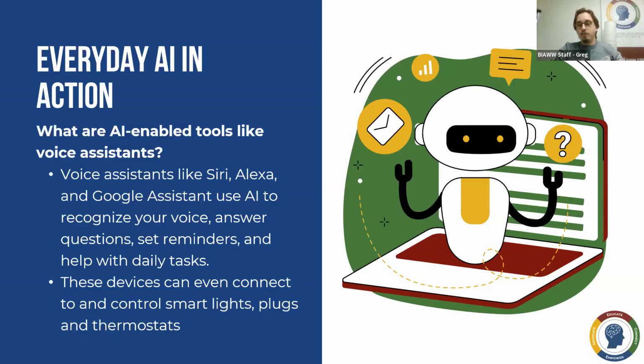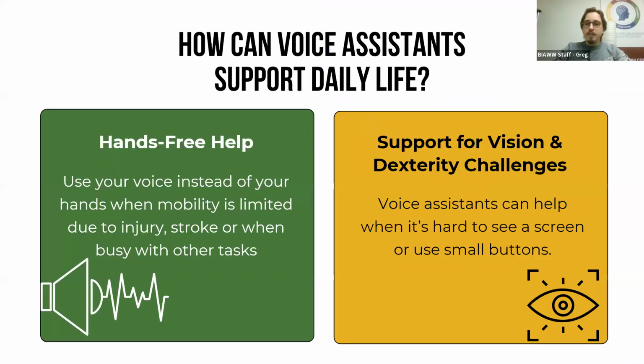So you don't have to be at home to control them. So if you have a voice assistant, it can also control these devices. So you can tell one of your voice assistants to turn on or off the lights in a certain room, or adjust your thermostat to a certain temperature without having to be physically near it. And I can talk more about this afterwards if anybody has any questions. So we see that voice assistants are very, very great at supporting a variety of different aspects of daily life.